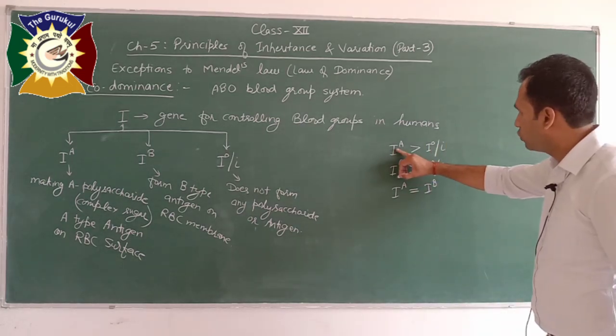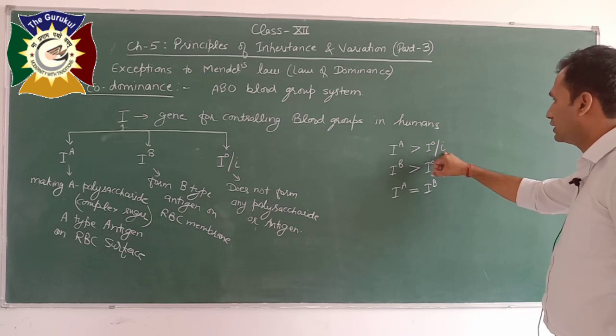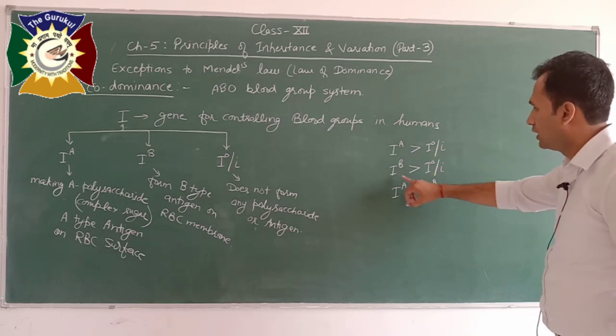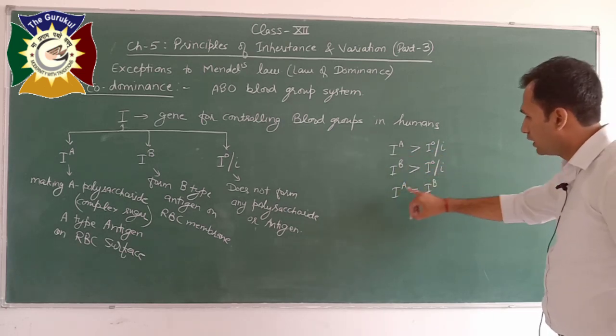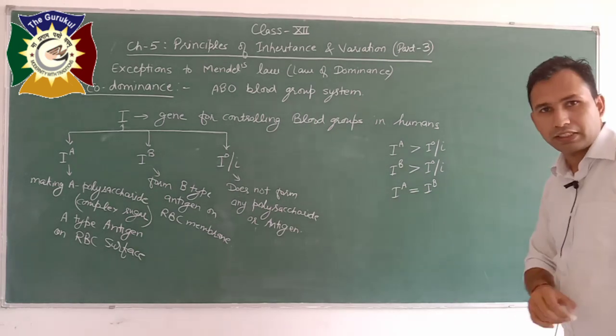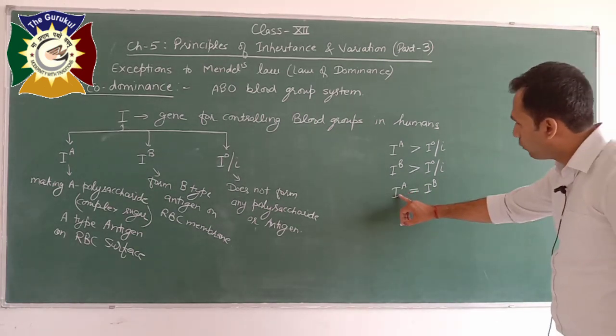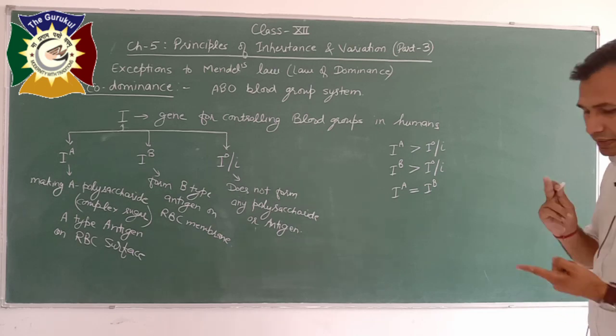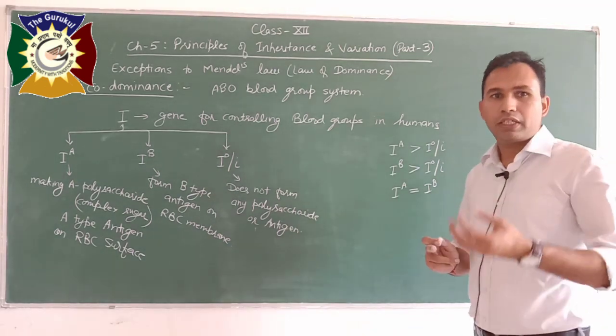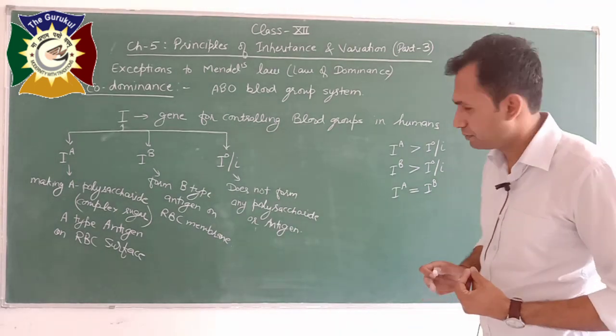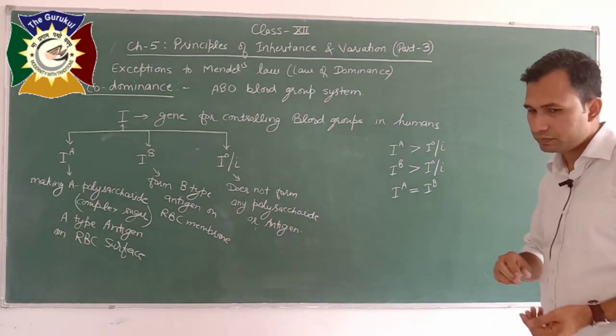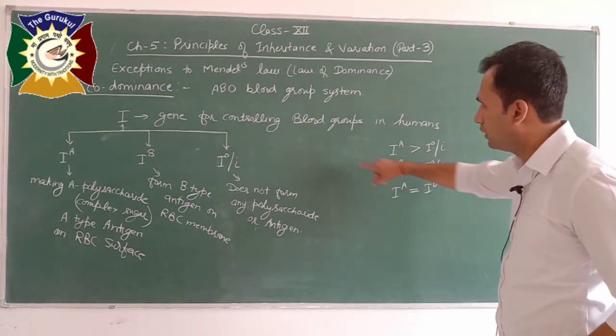This is recessive, this is dominant. When these both are present, then both the alleles will express themselves to produce a different phenotype. So this is important information.